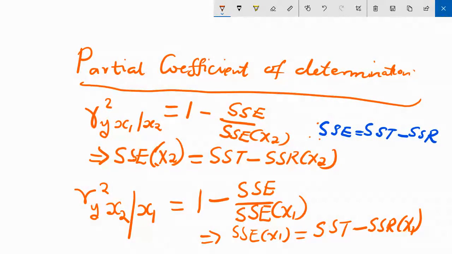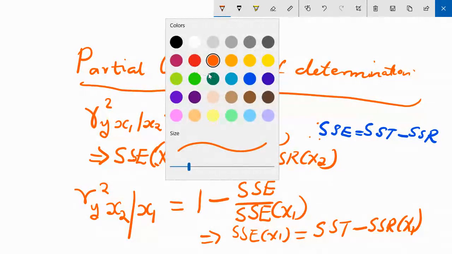Remember, guys, I asked you to construct an ANOVA table for partial coefficient of determination. You have this information.